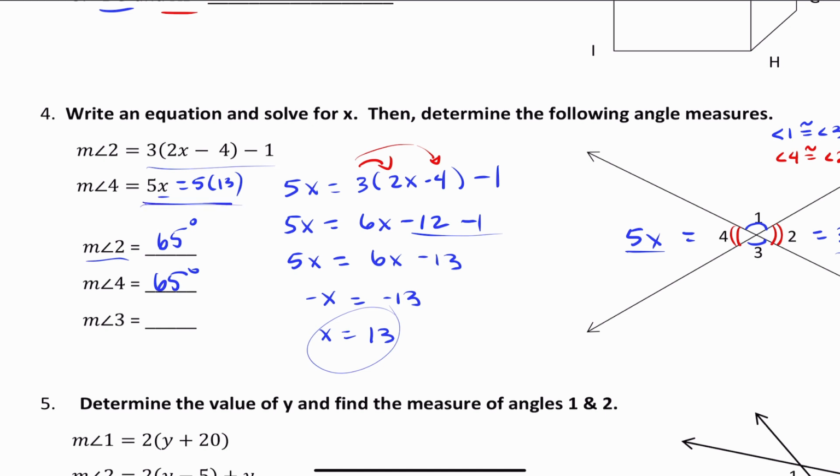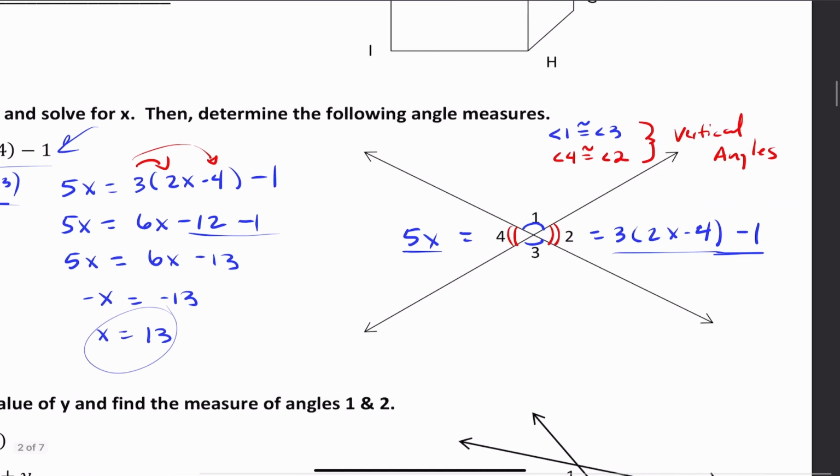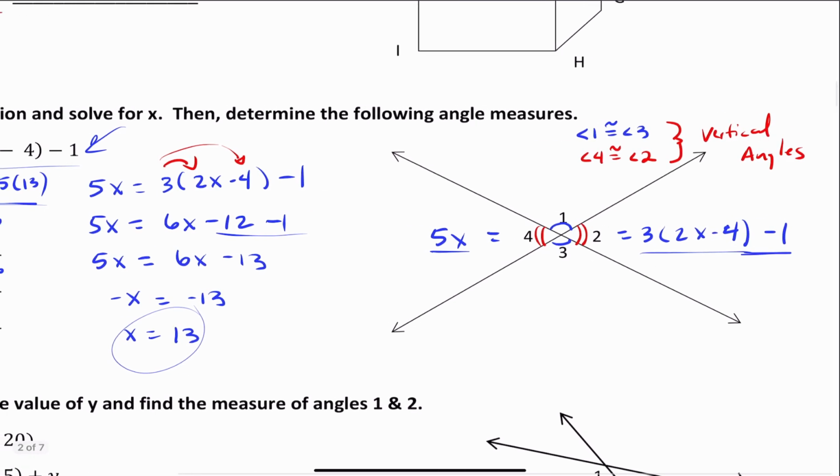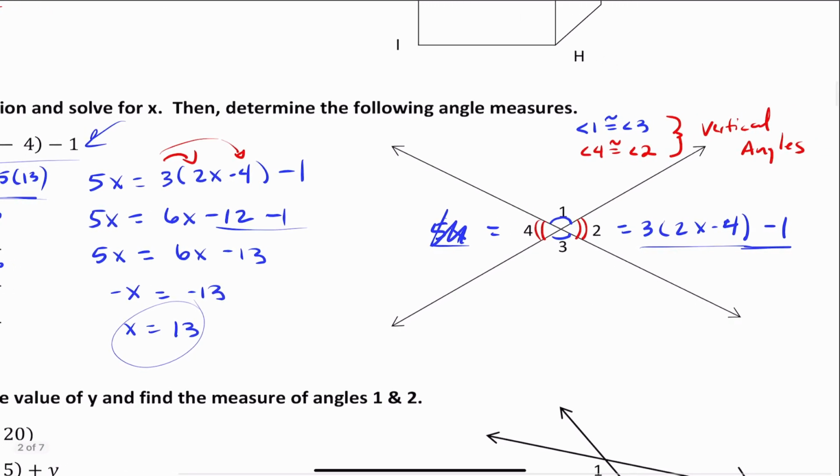And if you know this, you know this. All right, so enough of that. My goal now is to figure out what the measure of angle 3 is. Measure of angle 3 is right here. And I don't need this 5x anymore because I know the measure of angle 4 is 65 degrees. So now, look at this.